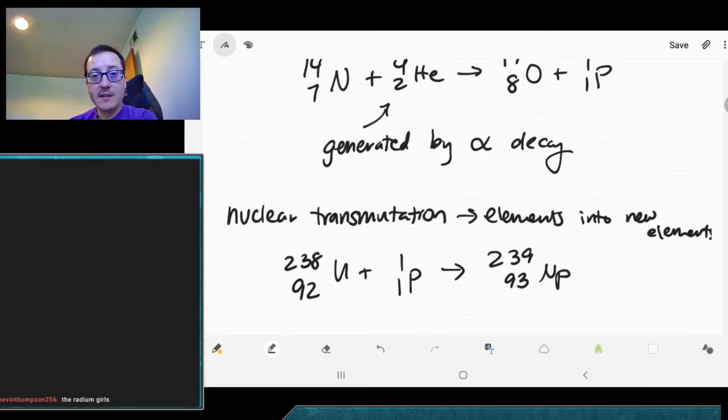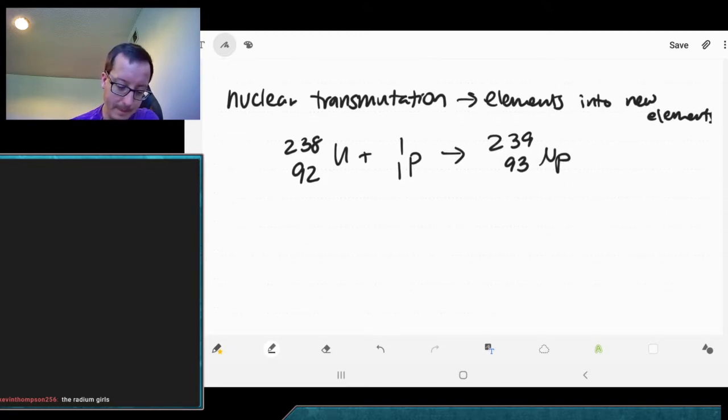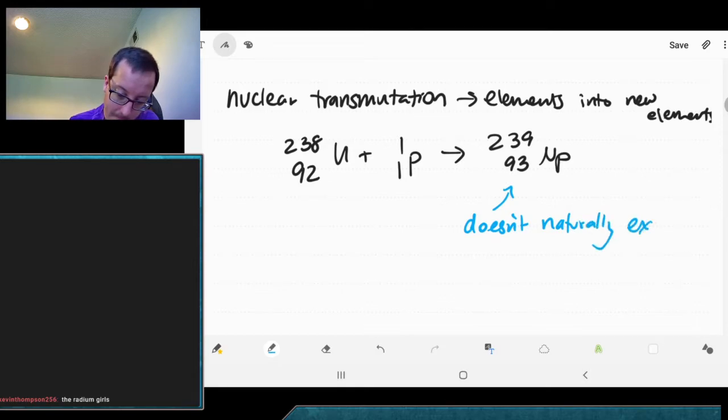We can make elements that don't naturally exist by throwing particles at them. So while neptunium-239 I don't think is very stable, we can do this. We can make new elements. And same with plutonium and all of the rest of the actinides, as well as all those elements past them, the 7p block there.